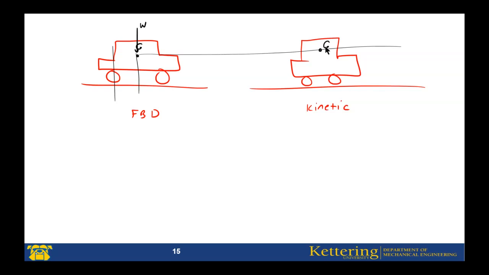Let's show the forces applied on this car. This car is moving in this direction. We neglect the mass of the tires, or we consider their mass as part of the total mass of the car.